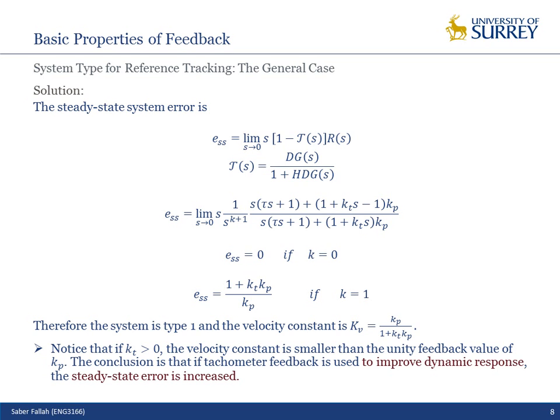In some cases, maybe not in this case, in general, sometimes it's much cheaper for you to have the tachometer rather than, for example, a position sensor. You need to have a tachometer, or you can get a better dynamic response. What do I mean by better dynamic response?